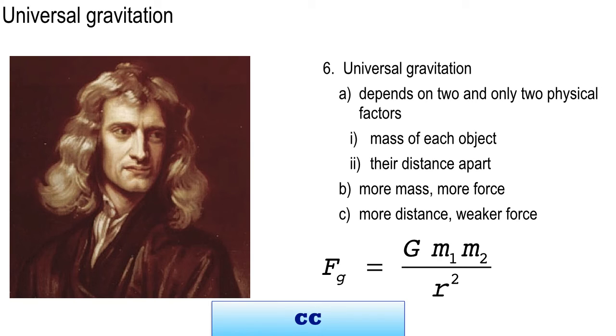Now the factor of capital G at the top, go ahead and make a little teeny note about that. That is known as Newton's constant, or the gravitational constant. It is a constant of nature. It is like a conversion factor that you have used, for instance, when you convert from Fahrenheit to Celsius.